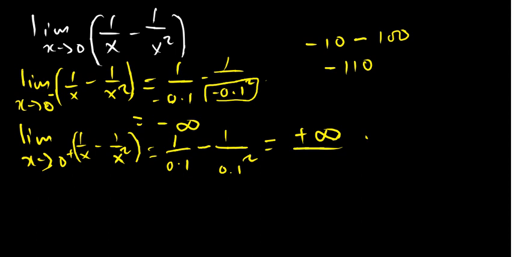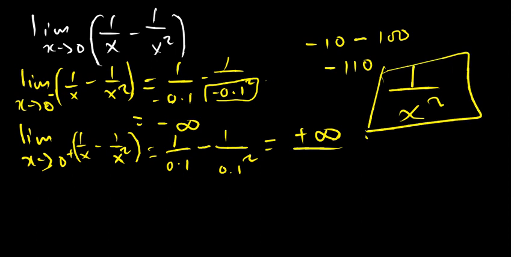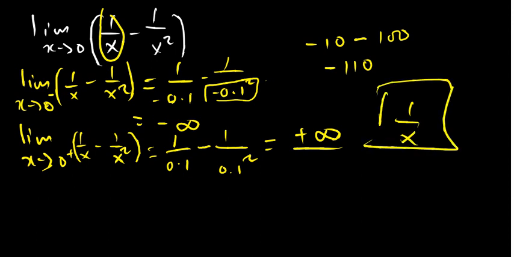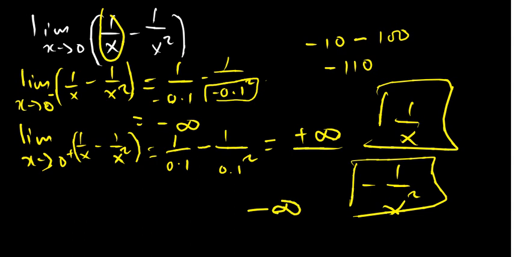If it was to exist, you would get the same value from both sides. But if you just have 1 over x squared, the limit is going to exist. So the only part which has made this limit not exist is this part, because we know that for 1 over x, the limit doesn't exist. If it was just 1 over x squared, we would have gotten positive infinity on both sides.